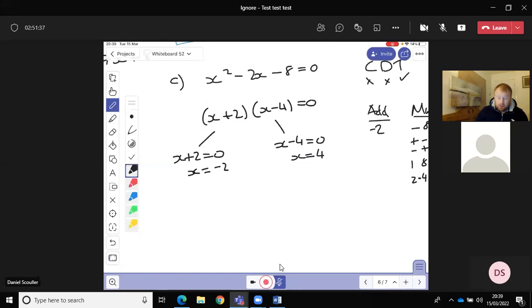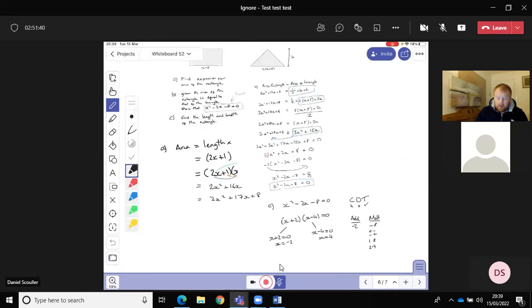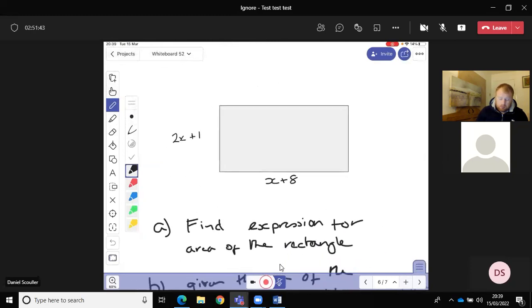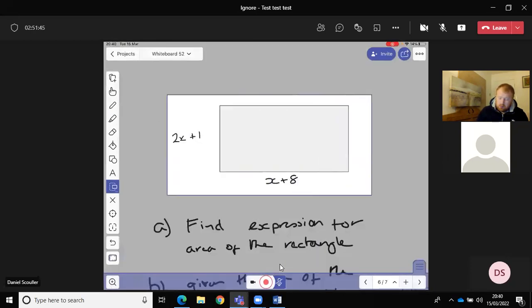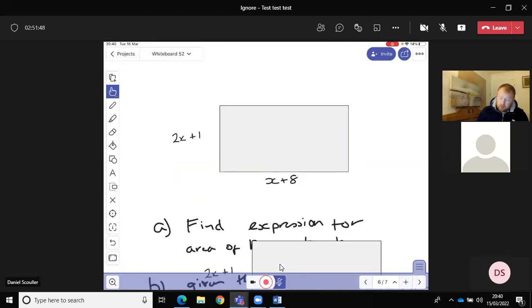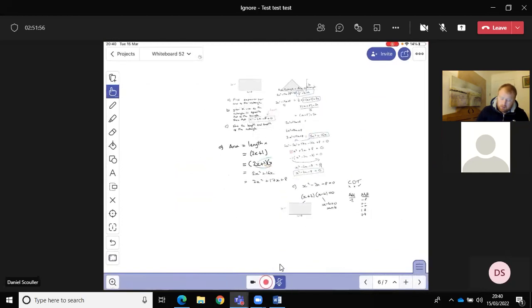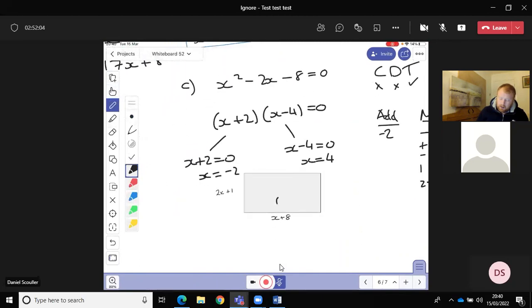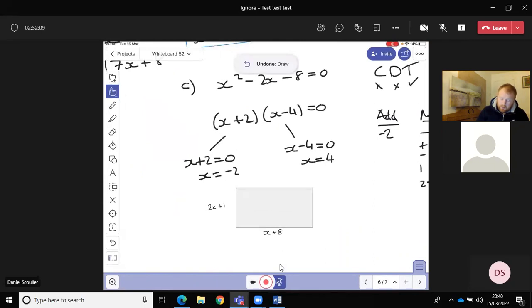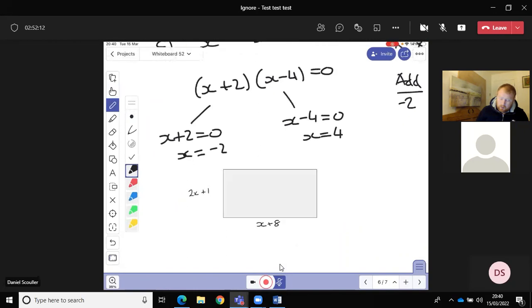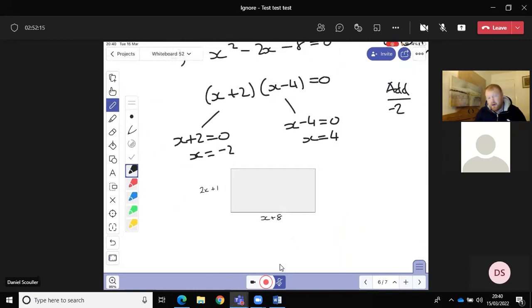Okay, so looking back to that original rectangle, we've got two values of x there.